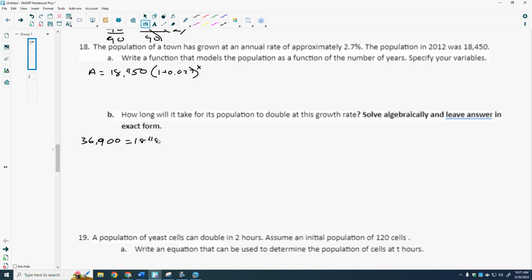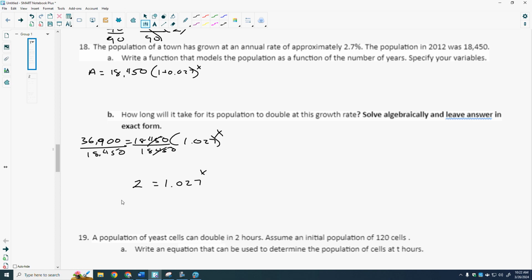What's my first step? To divide by this, right? And when I divide by this, I get right back to the 2 that I want to happen. I want it to be double. So really, I want to know when is the percentage 1.027 raised to some power. How long will it take that to double? How long will it take for this to become a 2?